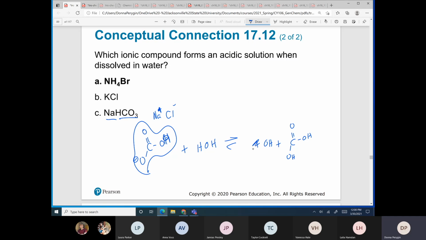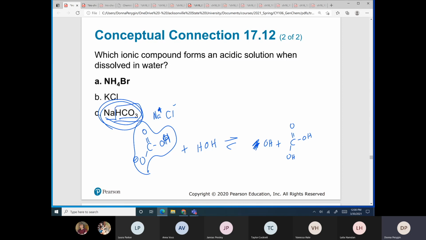Okay, so this sodium bicarbonate is actually going to act as a base, because the bicarbonate, HCO3-, is the conjugate base of a weak acid. So it can act as a base if you put it in solution.